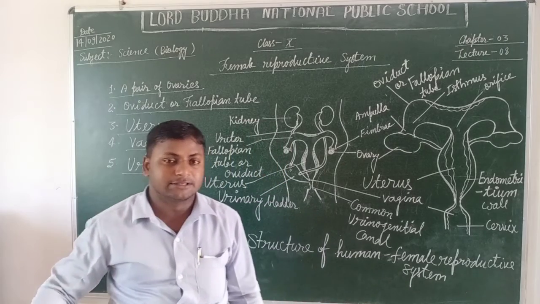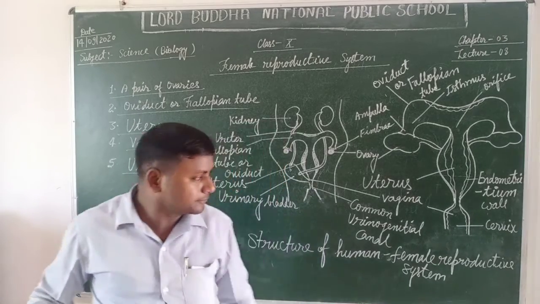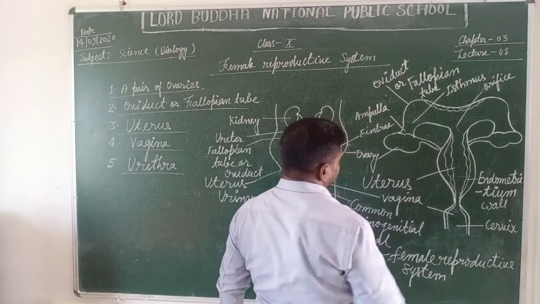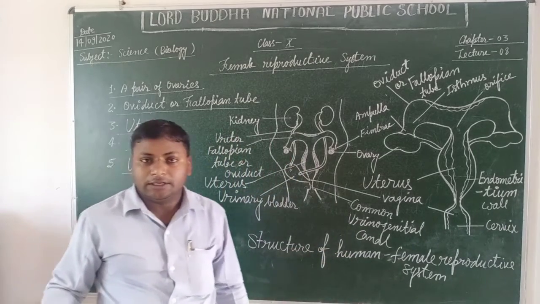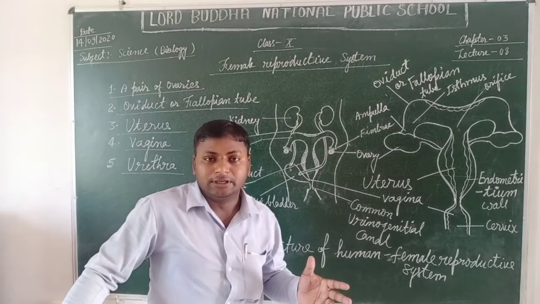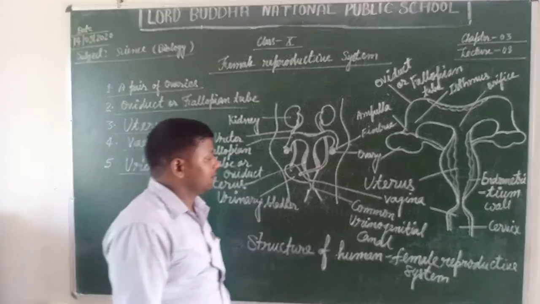Students, the ova are the female gamete cells that are continuously formed after puberty in a girl child or female.